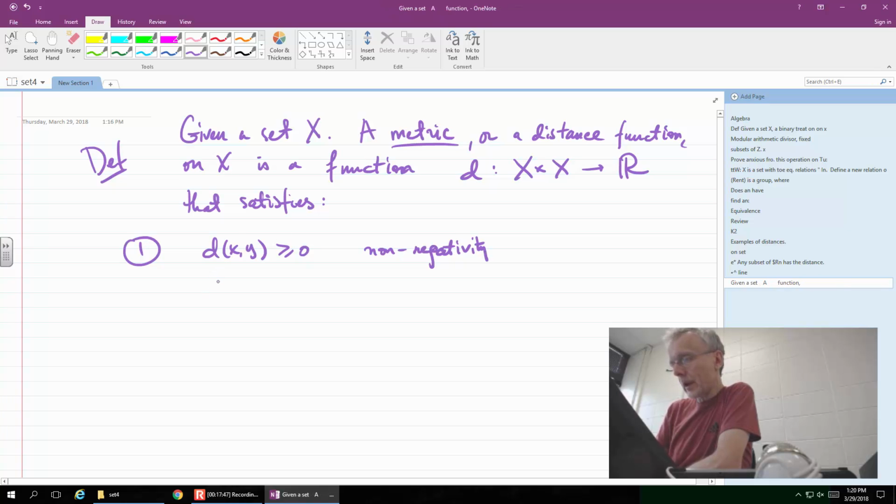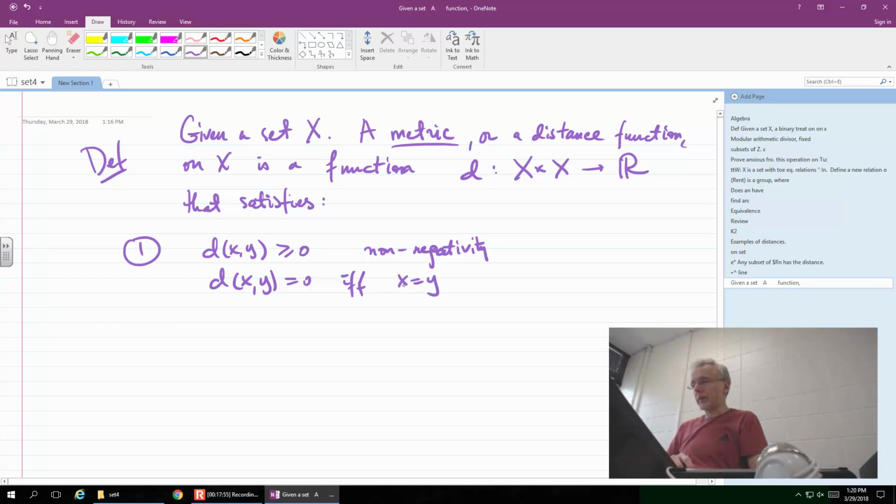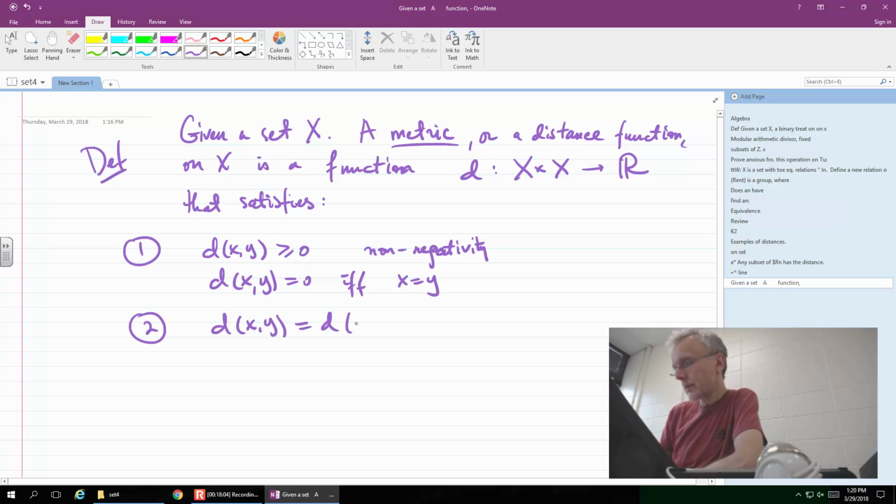And d(x,y) is equal to 0 if and only if x is equal to y. I'll put them together in one axiom. Number 2 is d(x,y) equal to d(y,x). That is called the symmetry.